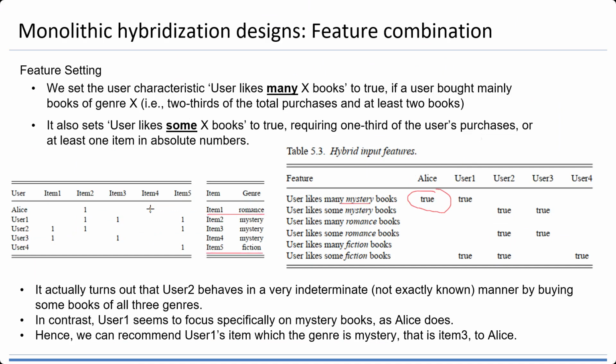You can recommend item 3 because Alice has not bought item 3. Alice only bought item 2 and item 4. Item 2 is mystery, item 4 is mystery, and item 3 is another mystery book. So this is how we can create the feature combination.